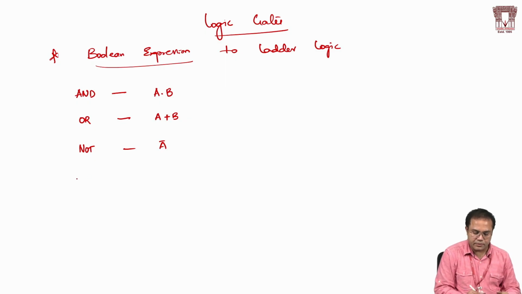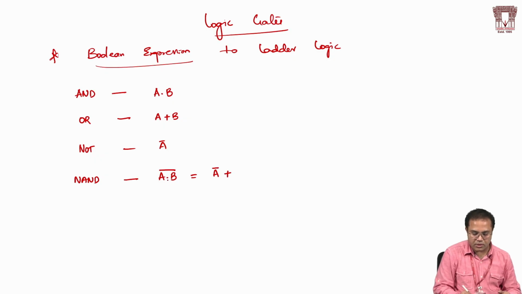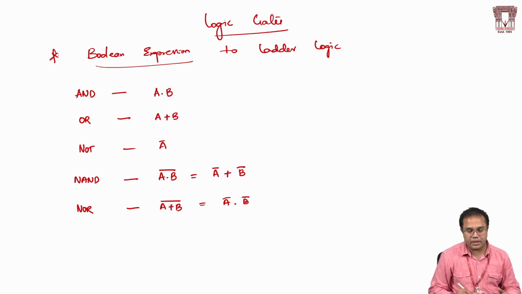NAND is A dot B whole complement, the complement of the AND operation, and this I can write as A bar plus B bar, because the complement of dot is plus, right? Similarly, NOR is A plus B whole bar, and this I can write as A bar dot B bar.